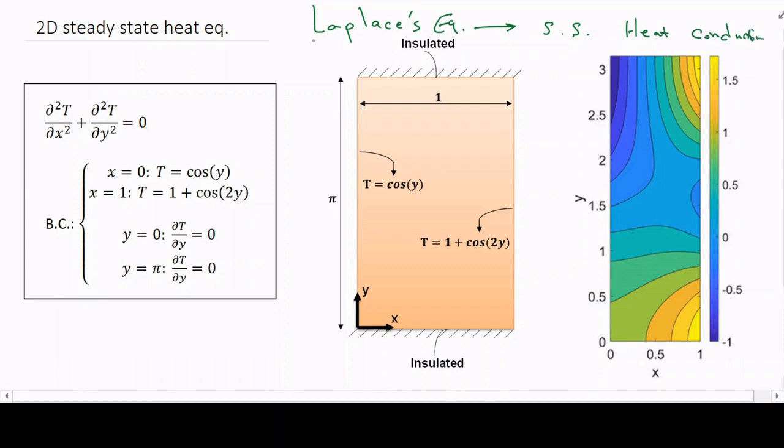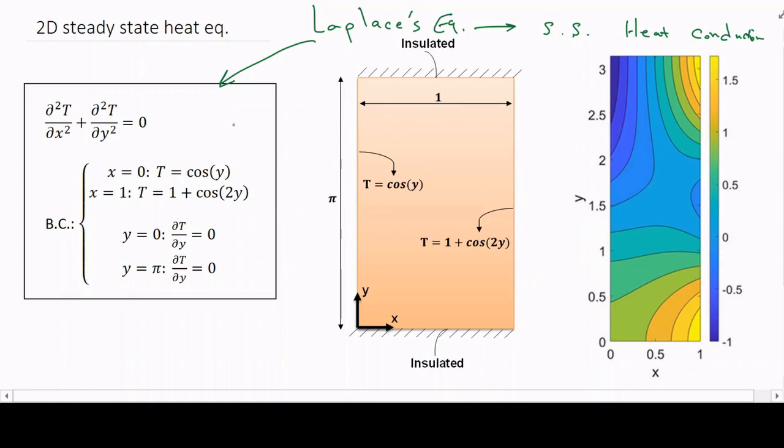And here is the Laplace's equation, and for example, for this specific case we have two insulated boundary conditions, top and bottom, and we have two variable temperature profiles imposed on the left and right hand side of this plate, and the goal is to find the temperature distribution within this plate.